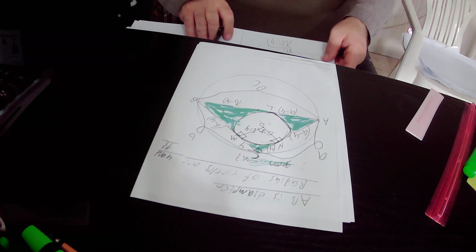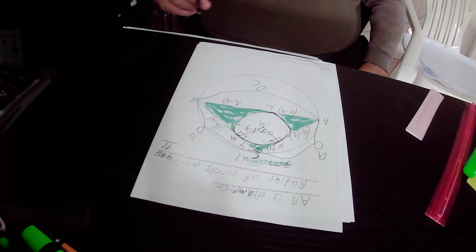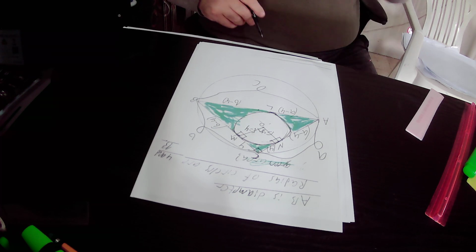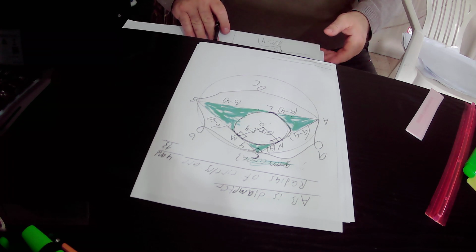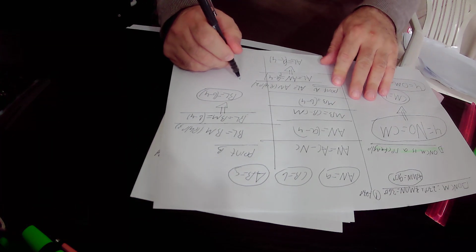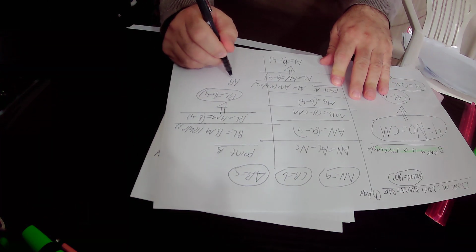It is given in the question that AB is the diameter of the circle, and any diameter is twice as long as the radius.